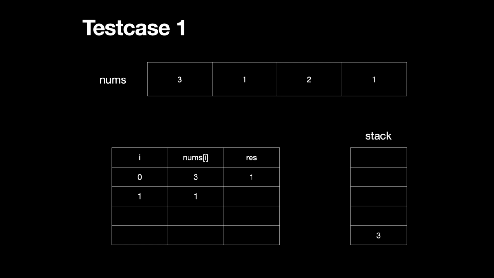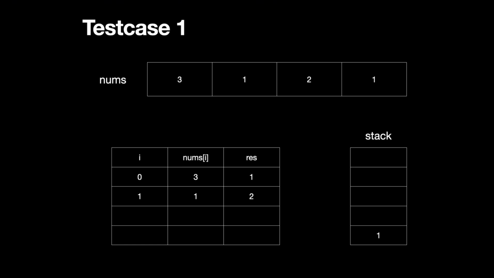Here you can see that the current value is less than the top of the stack value. So we'll remove the value currently at the top of the stack and put 1 there. As 1 is a new element, it will require at least one operation to make it 0. Therefore the result is incremented to 2.